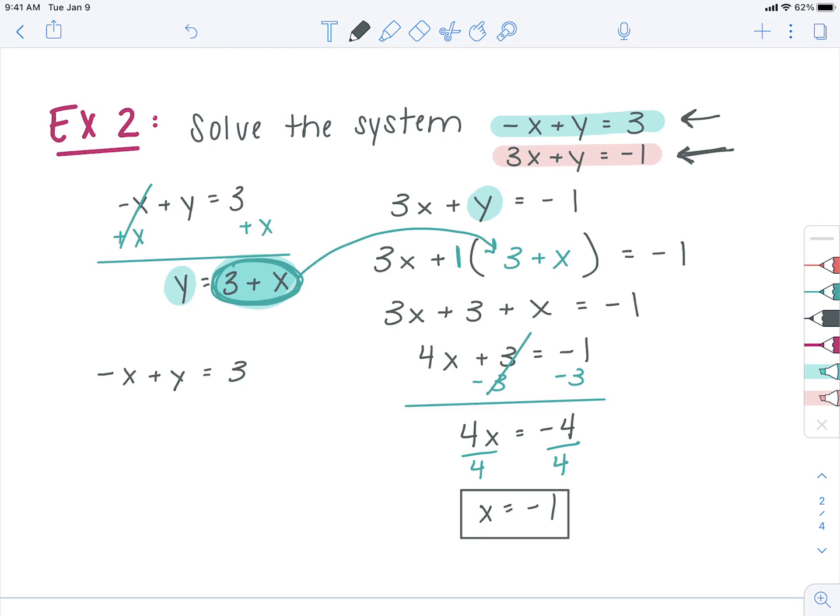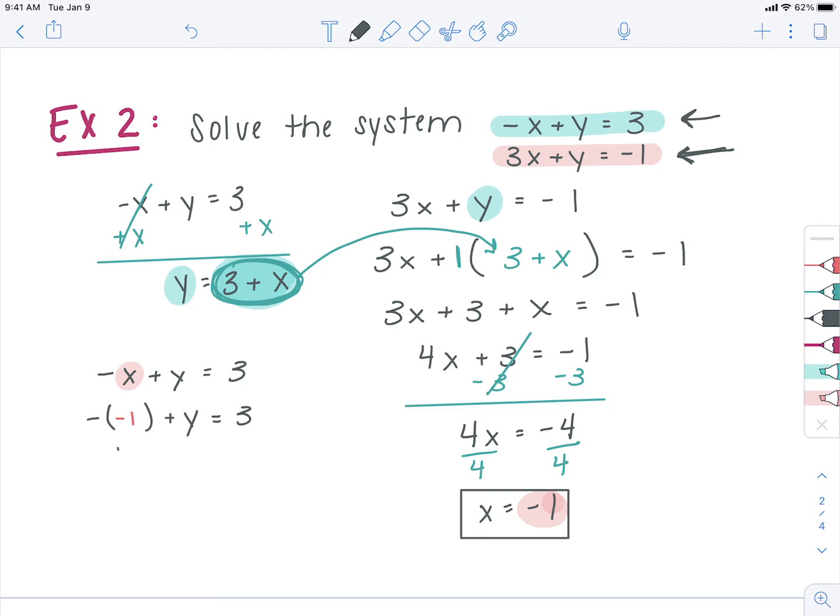In order to plug in, all I'm going to do is replace this x with a -1. So I'm going to have -1 plus y equals 3.